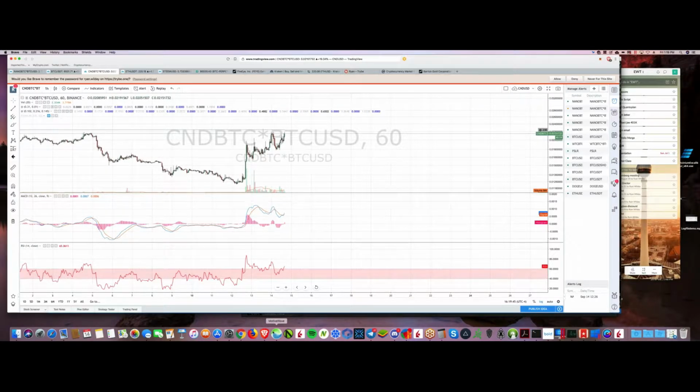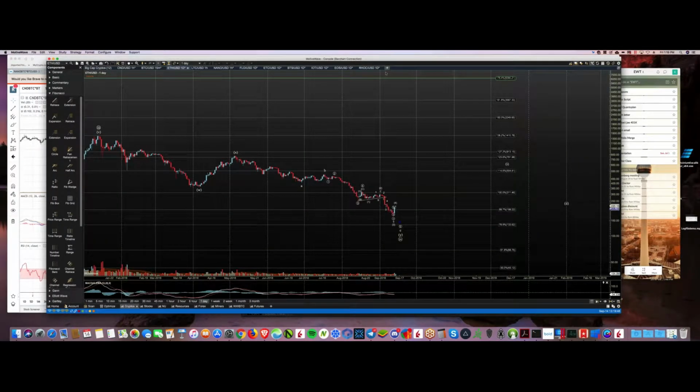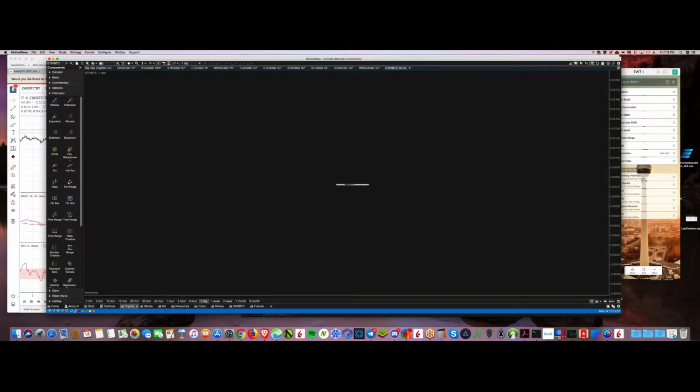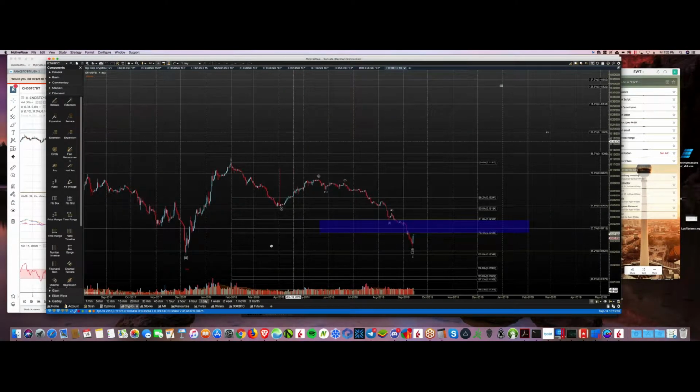Let me touch on Ether-Bitcoin, the pair itself, just so we know. I'm going to say again that this pair has classically turned bullish simply because Ether is a higher beta asset. It tends to turn bullish when the market's starting to reverse.